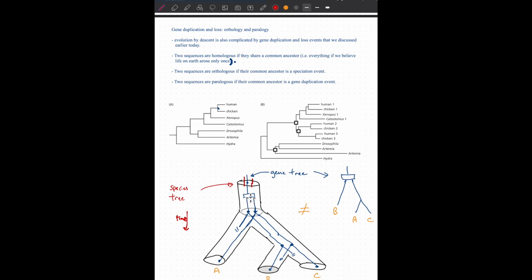And we talked yesterday about gene duplications as one of the types of genomic aberrations that occur. It's a common occurrence in most of our genomes. So now these two genes evolve independently within that organism.